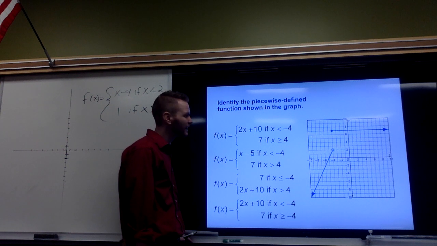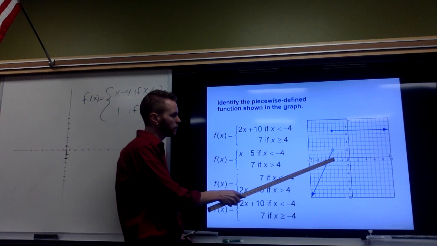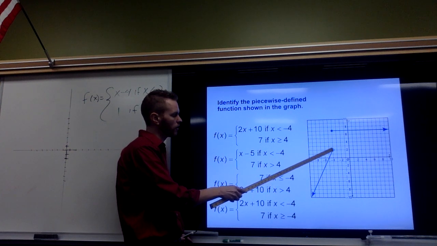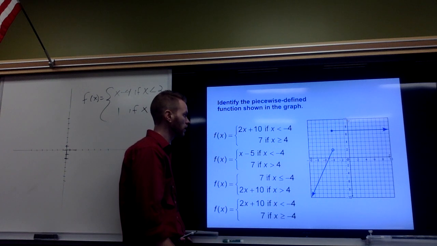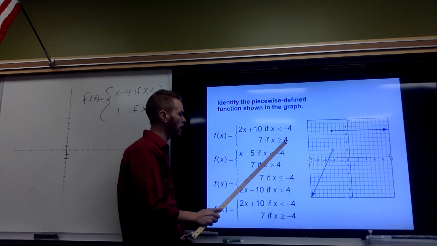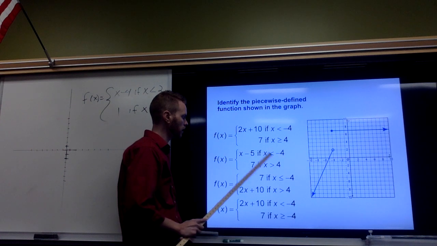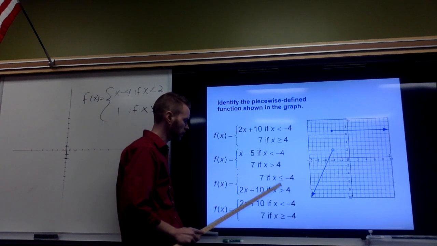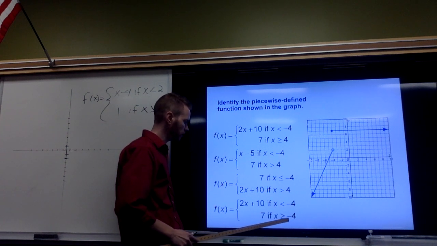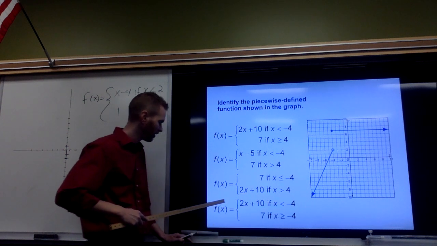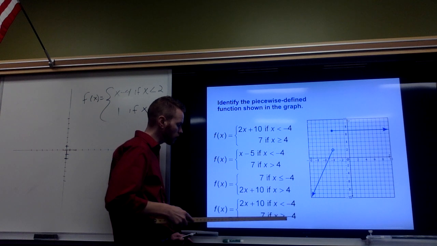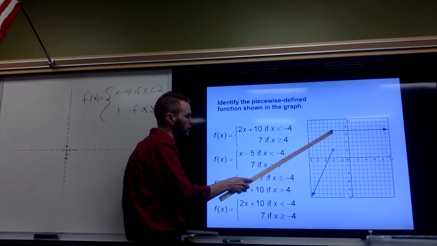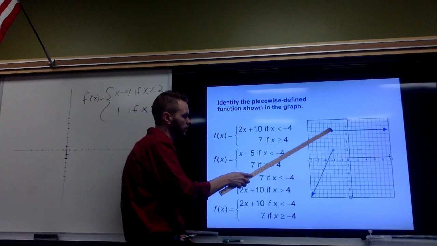It's worth a shot. See how negative 4 seems to be the restricting line? This one's less than negative 4. This one's greater than negative 4. So, negative, positive, nope. Negative, positive, nope. Negative, positive, nope. Negative, negative. I think this is the guy. I think this one's doing it. So, you're 7 if x is greater than or equal to negative 4. 7, closed dot, okay?